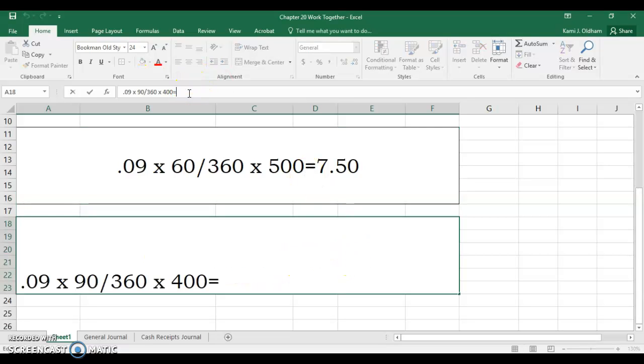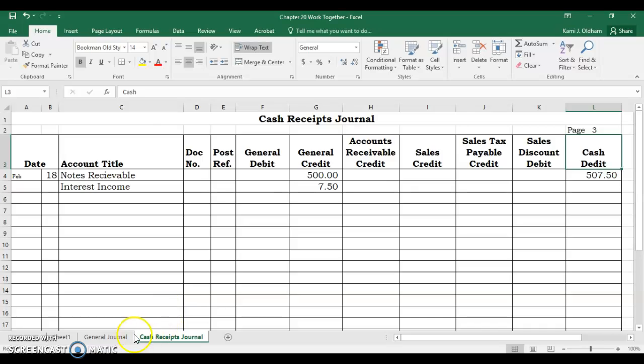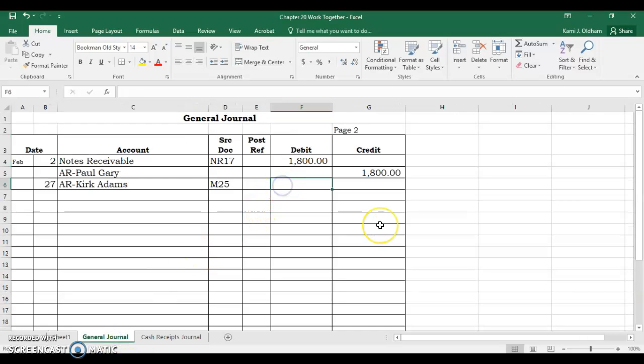This comes to $9. And that is what we're going to put in here to his account. So the note was for $400. Now he has a balance of $409. The notes receivable was $400.